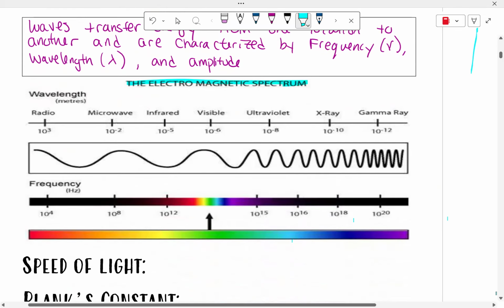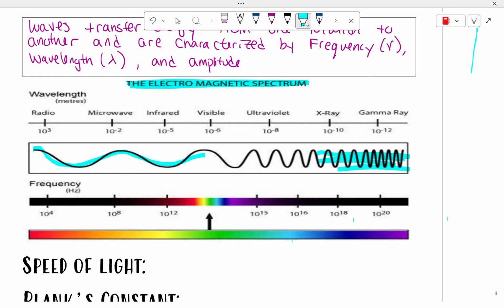We can see here that waves are part of our electromagnetic spectrum. The electromagnetic spectrum tells us about all of the waves we see here from radio to gamma. You can tell that we start with really long waves and then they become a lot more consolidated at the back end of that diagram.